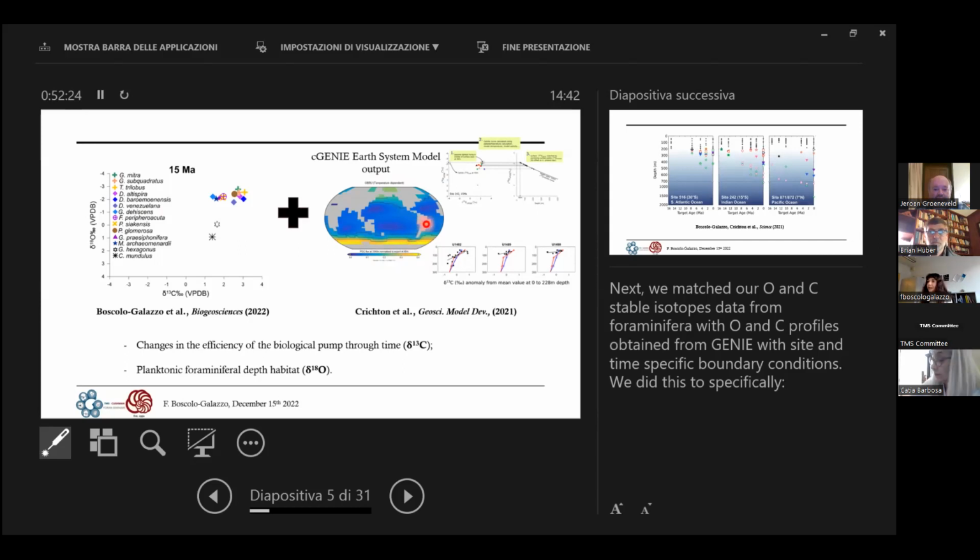So any change in the oxygen isotope that we may see that is due to changes in temperature gets corrected in the model, and therefore the depth habitat reconstruction that we obtain already takes into account the cooling component. And the change in depth that we see is something extra on top of that.